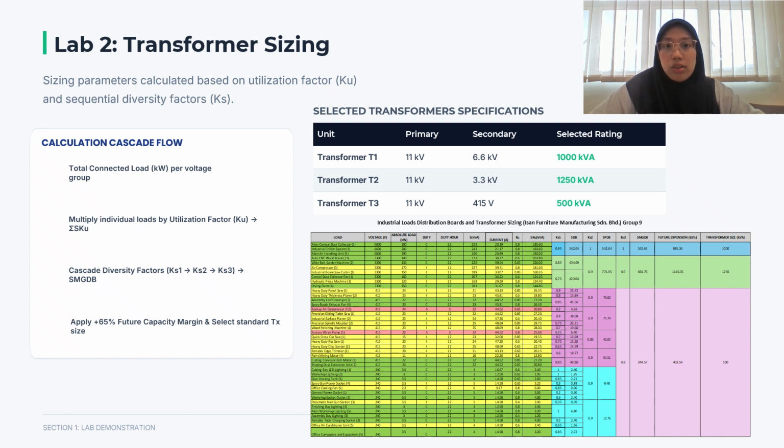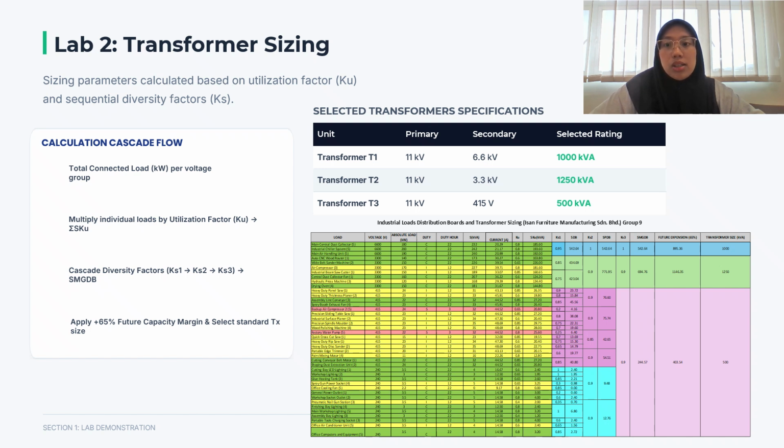This is the largest load group, so we selected a 1250 kVA transformer. For the 415 volt loads, the total was 431.35 kVA. After applying diversity factors and future expansion, we selected a 500 kVA transformer.